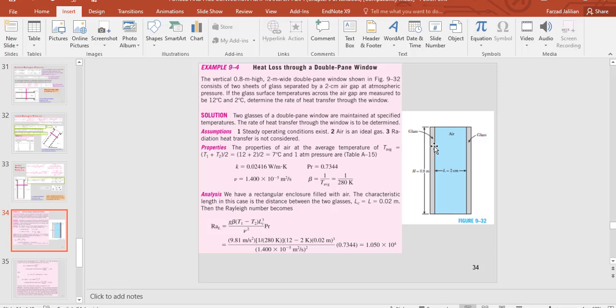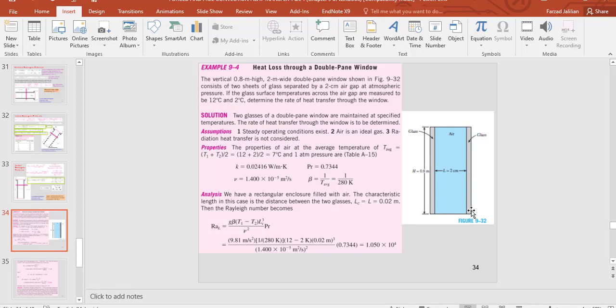It has 2 different glasses, and usually air or other gases are between them. We had an example in previous chapters where we calculated the conduction heat transfer for this window. Now we are going to see if we also have convection for this window.